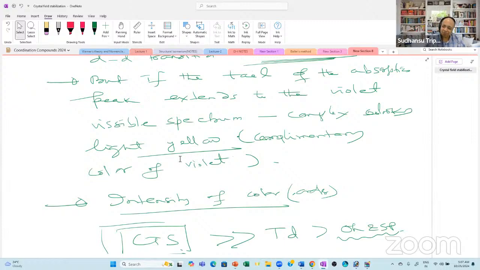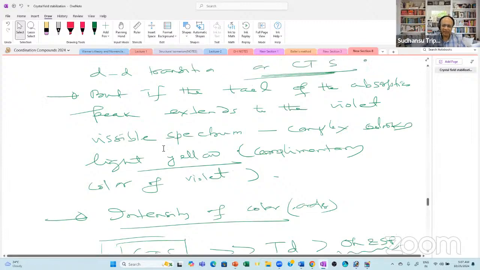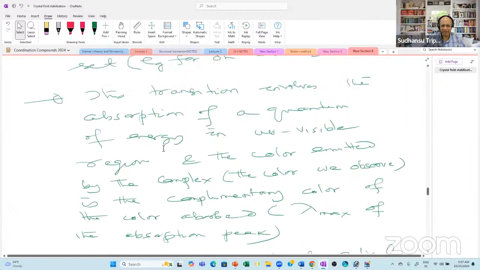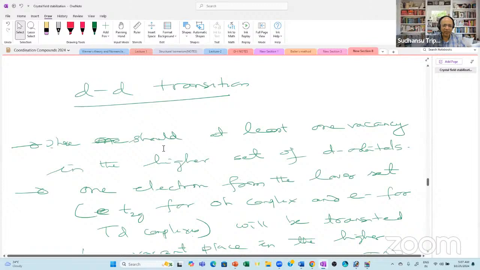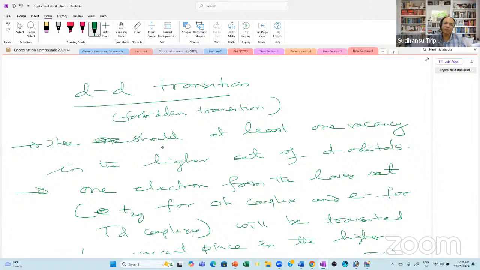In fact, the DD transitions that we have seen are forbidden transitions actually. When we say forbidden transition, don't be swayed by the literal meaning of the term forbidden.